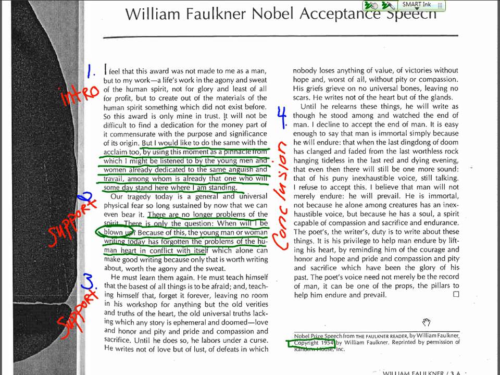So, and then he goes on to say in paragraph 3, he must learn them again. He, of course, referring to the young man or woman, even though he just says he must teach himself that the basis of all things is to be afraid, and teaching himself that, forget it forever, leaving no room in his workshop for anything but the old verities and truths of the heart.